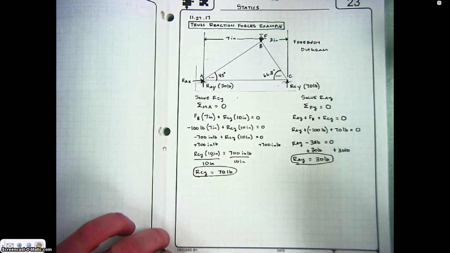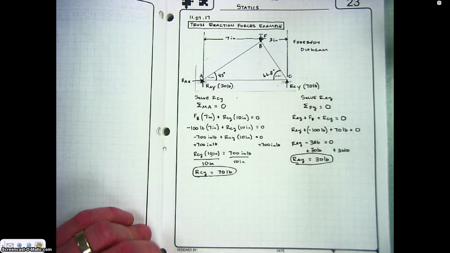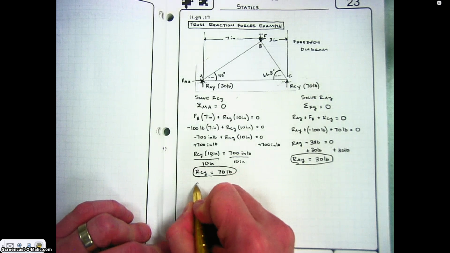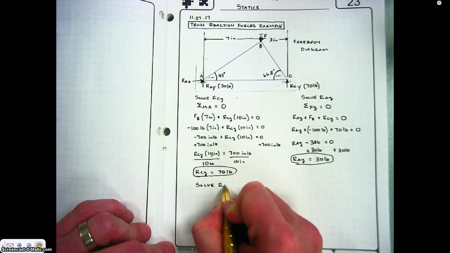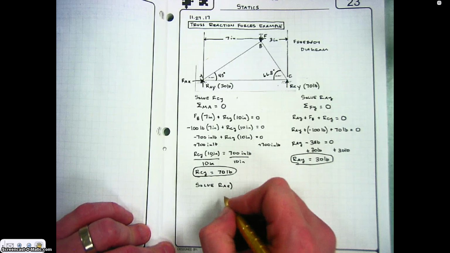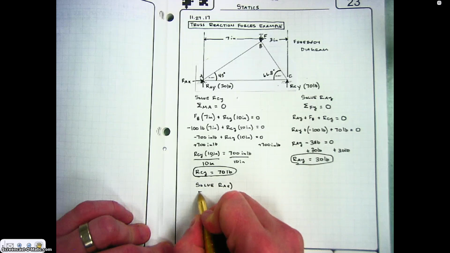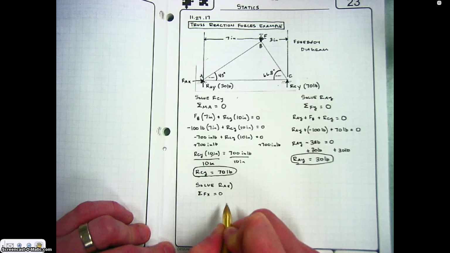All right? The last thing we need to calculate are the reaction forces at A in the x direction. And so if we're solving for the reaction forces at A in the x direction, we could use the same system. Sum of the forces in the x direction have to be equal to 0.